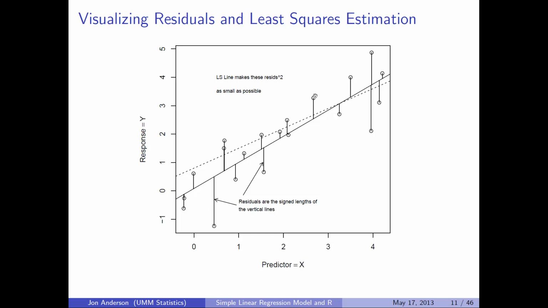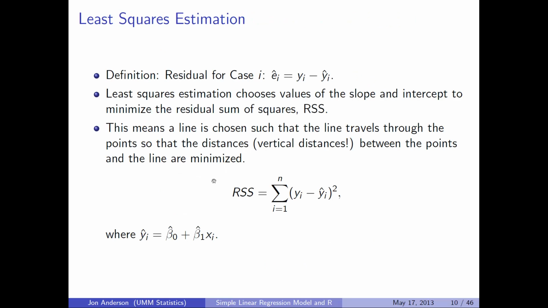Right here, this would be an observed y value of about 3.2, and the estimated y value for this particular value of x looks like it's about 2.3. And so the residual is represented by these vertical distances.